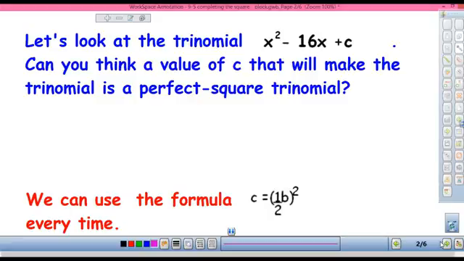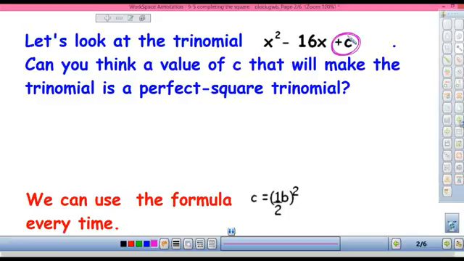What we want to do is find what c would be in order to make this a perfect square trinomial. How we're going to find c is we're going to use this formula. We're going to take b divided by 2, and we're going to square it.